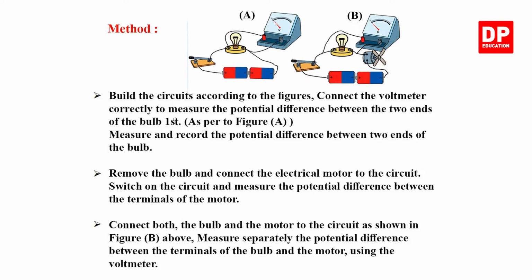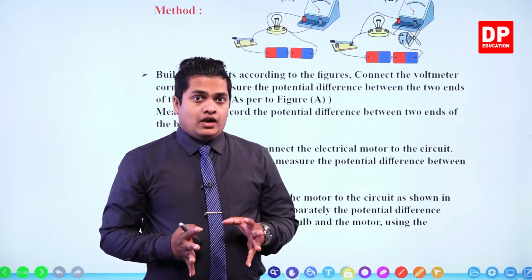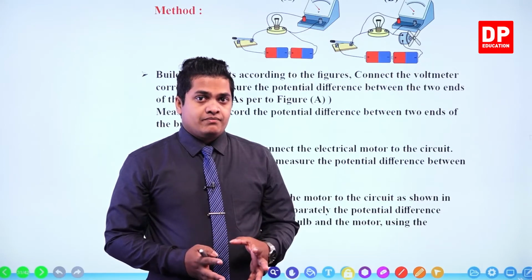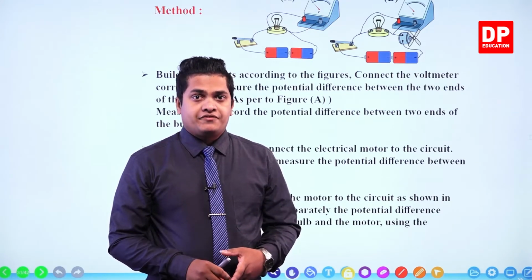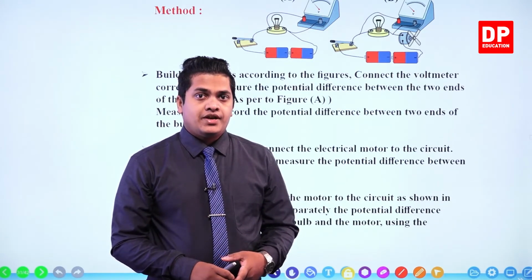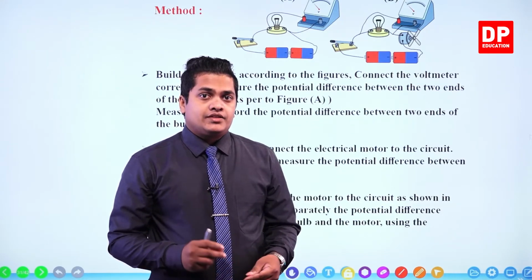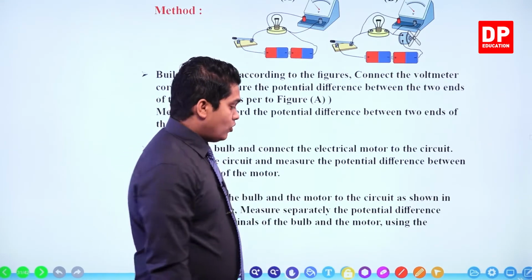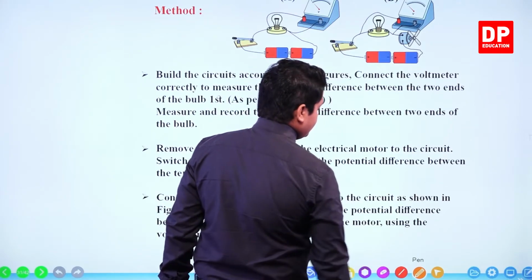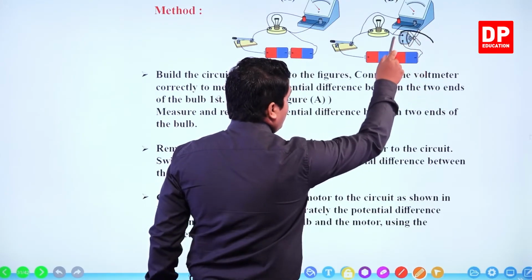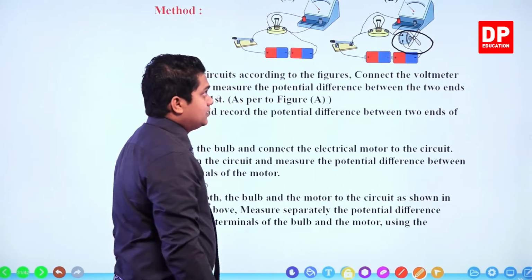Then you are given the method of conducting the experiment. When you are using the electric bulb to measure the potential difference or the voltage, it's okay to connect a motor like this. A motor, right?